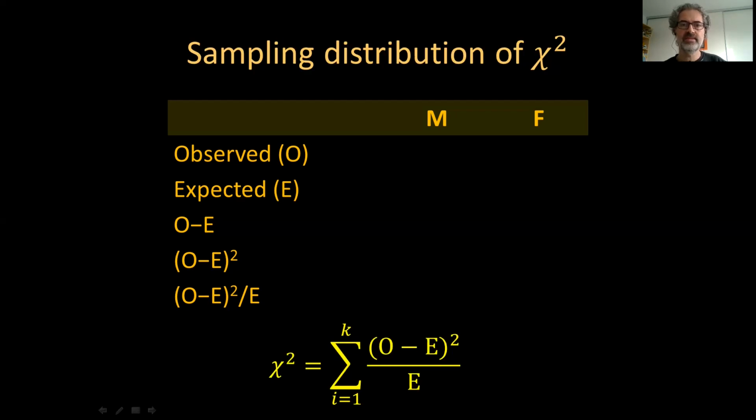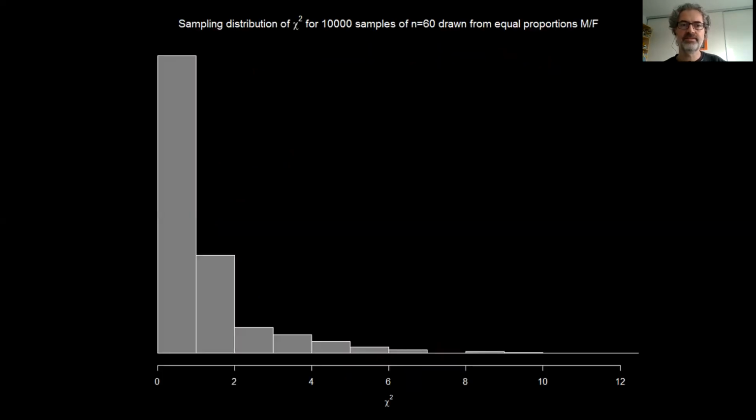So what is the sampling distribution? If we simulate 10,000 samples in this way, drawn from a population with equal proportions, and calculate chi-squares, we get this histogram of chi-square values. These are the actual chi-square values in a histogram that we've derived from 10,000 samples.